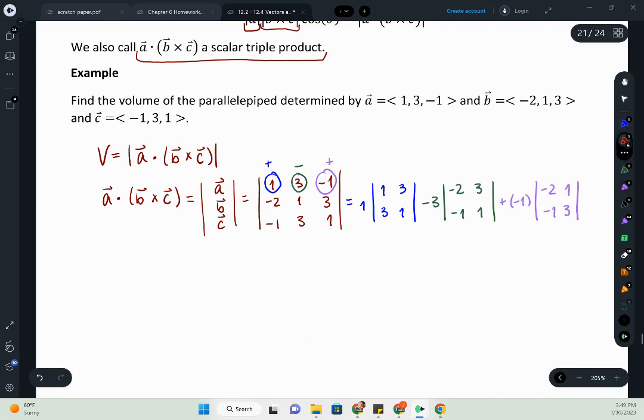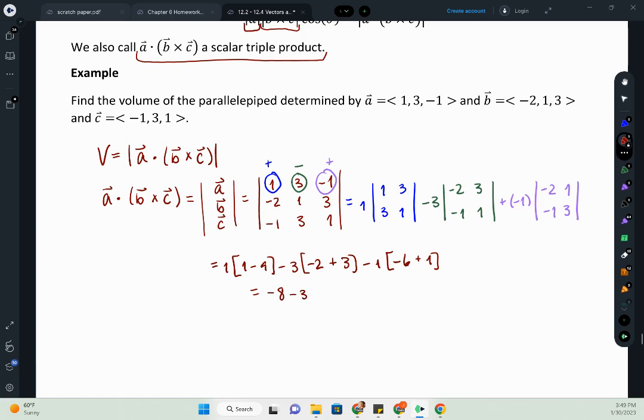All right, and this gives us 1 times 1 minus 9, minus 3 times negative 2 minus a negative, so plus 3, minus 1 times negative 6 minus a negative, which will be positive 1. And that all adds up to, let's see, a negative 8 minus 3 times 1, which will just be minus 3, minus 1 times the negative 5.